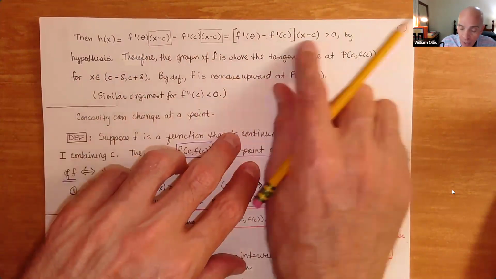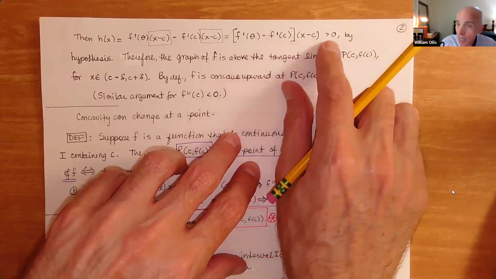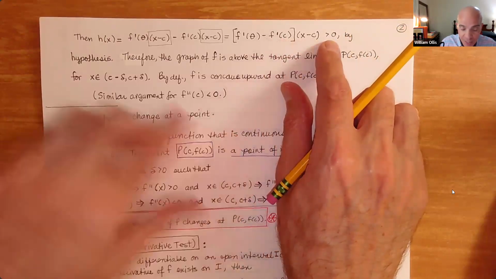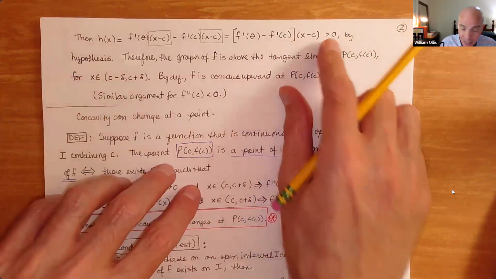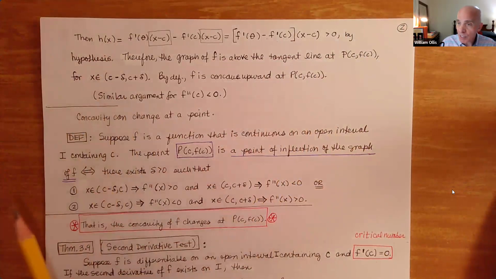And therefore, due to the fact that they both have the same sign, this particular quantity will be positive. That is, h of x is positive. And indeed, we will see that in the interval from c minus delta to c plus delta, the graph of f will be above the tangent line.